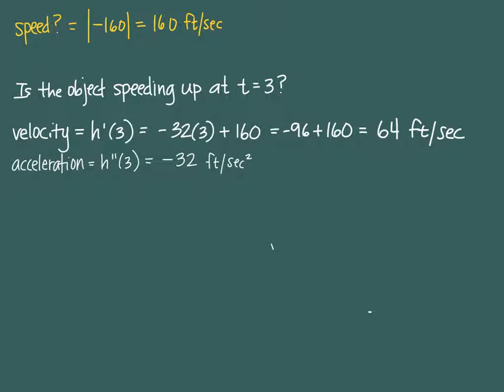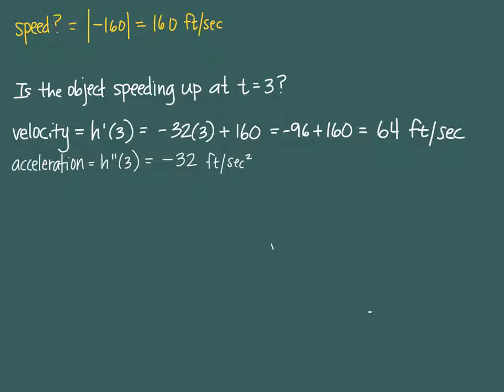To answer the question, you look at those two things. It has positive velocity with negative acceleration. So the object is trying to go up with positive velocity, but acceleration is pulling what direction? Down. And so is this thing gaining speed or losing speed? It's losing speed because the acceleration and the velocity are working against each other.